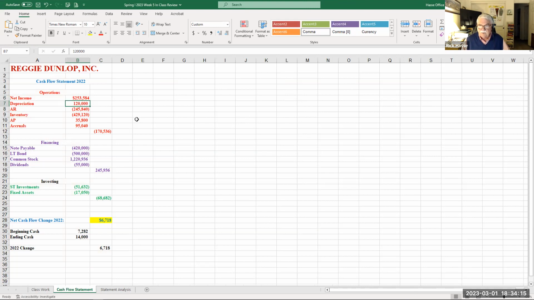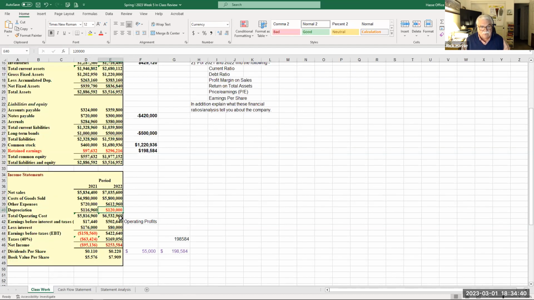Why? Well, as many of us know, depreciation is a way of expensing fixed assets over time. It's an adjusting entry on our records. But when you record depreciation, do you spend any money? Do you actually write a check to Mr. or Mrs. Depreciation? No, you don't. Depreciation is an allowable expense by the Internal Revenue Service to write down the value of your fixed assets, but you're not spending any cash.